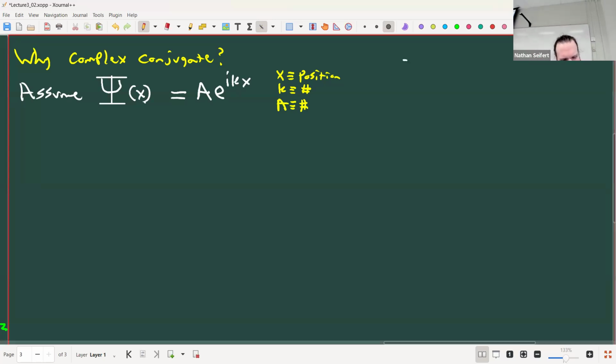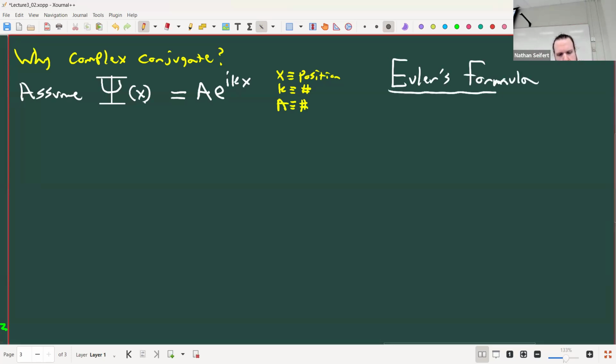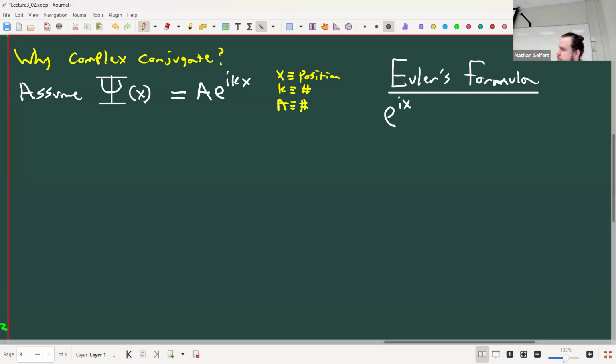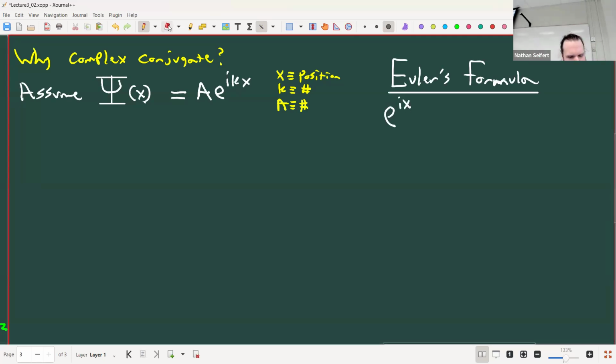It's called Euler's formula. And Euler shows that e to the ikx, let me add the k just to be safe, is cosine kx plus i sine kx.